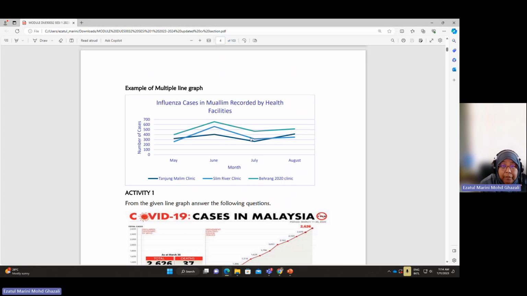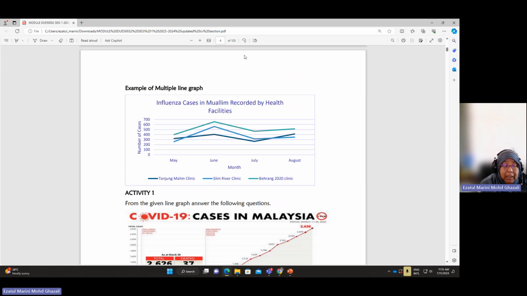However, it increased in August to 500 cases in Behrang 2020, 300 cases in Tanjung Malim Clinic, and almost 300 cases in Slim River Clinic.